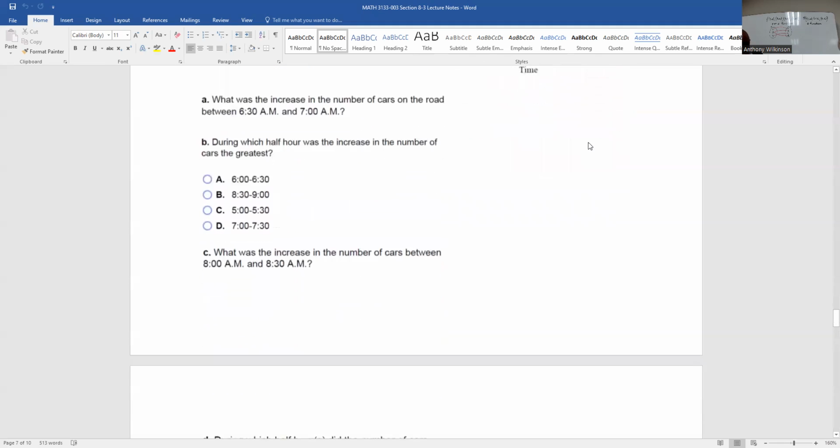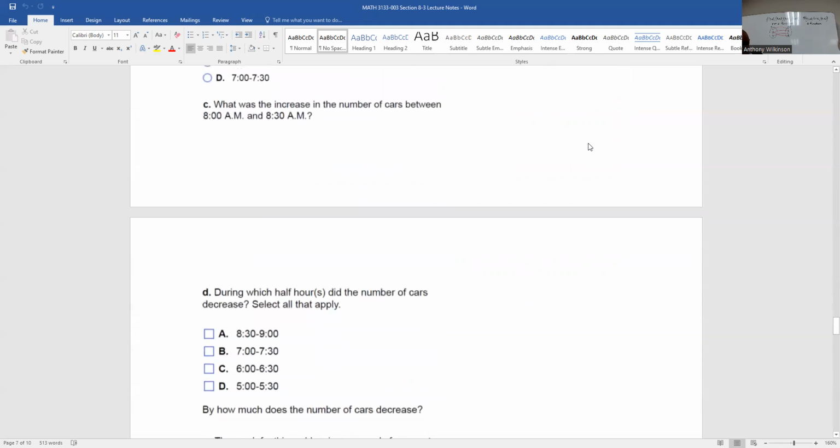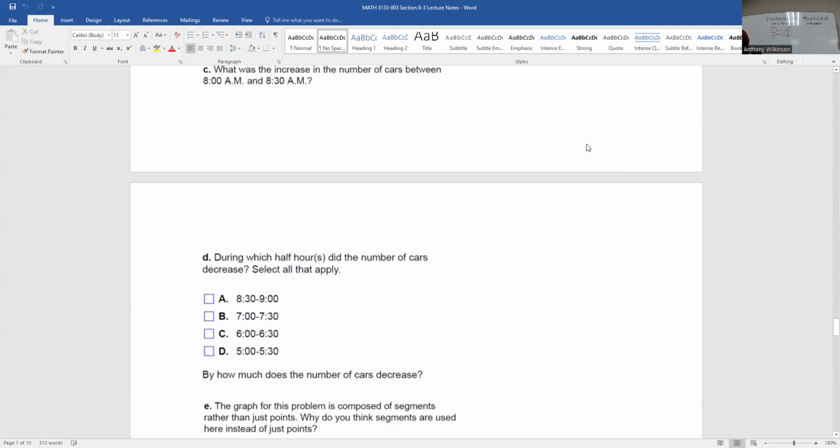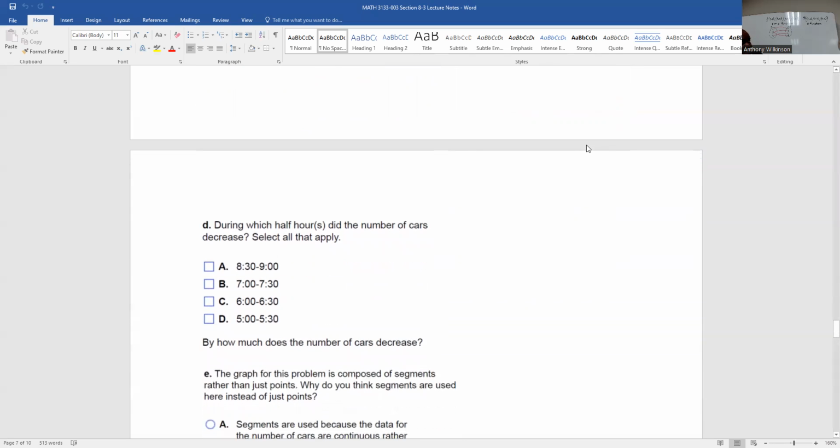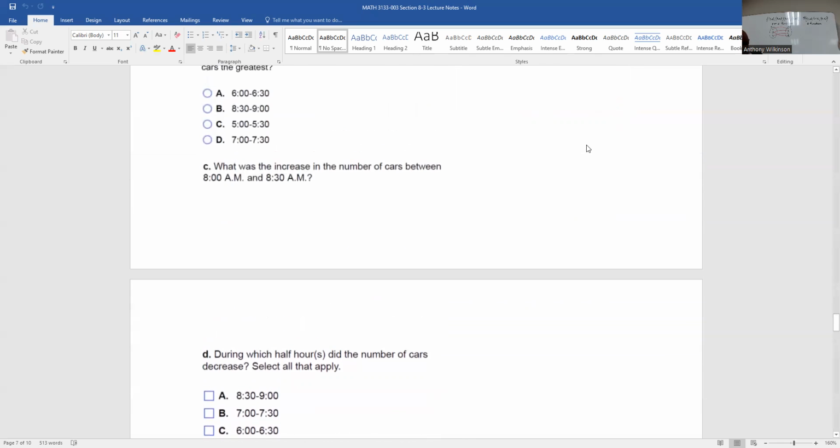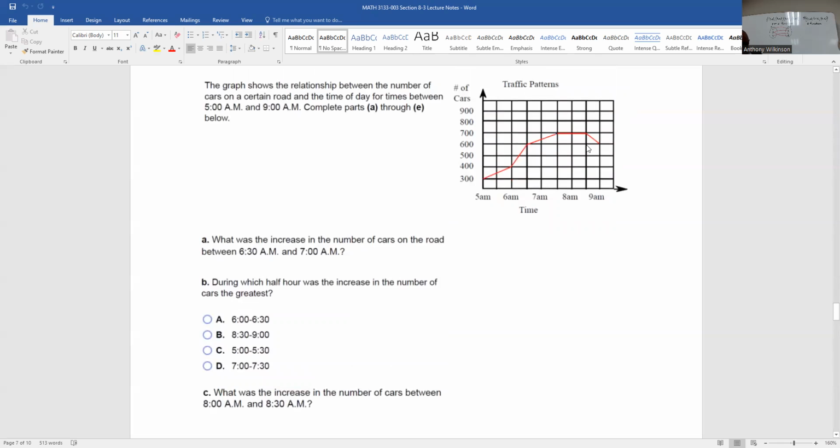Okay. I'm going to go down here to part D. During which half hours did the number of cars decrease? Okay, so I'm going to scroll back up here. Between 8:30 and 9, because that's the only place where the number of cars decreases.